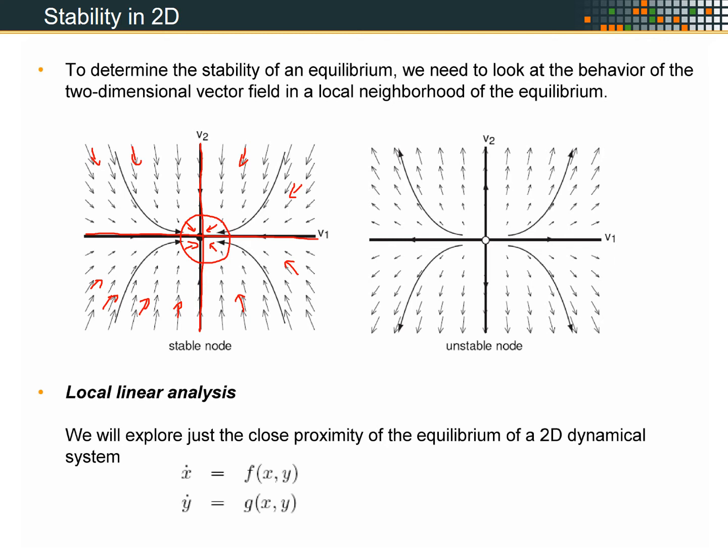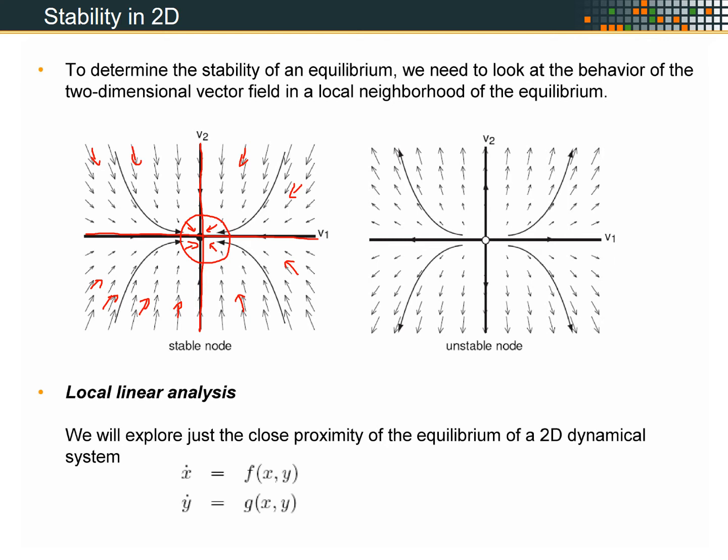To formalize our problem mathematically, we say that we explore just the close proximity of the equilibrium that we identified. The equilibrium that we identified is the necessary condition that the change rates x dot and y dot at this very same point are 0.